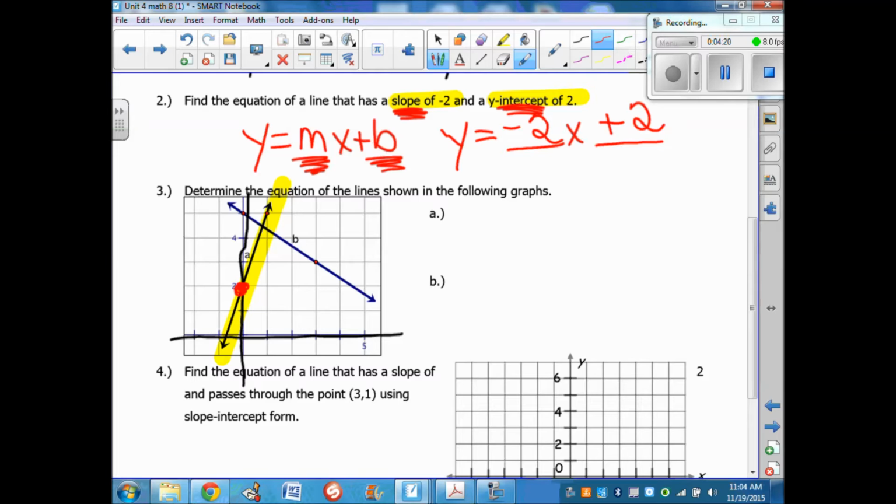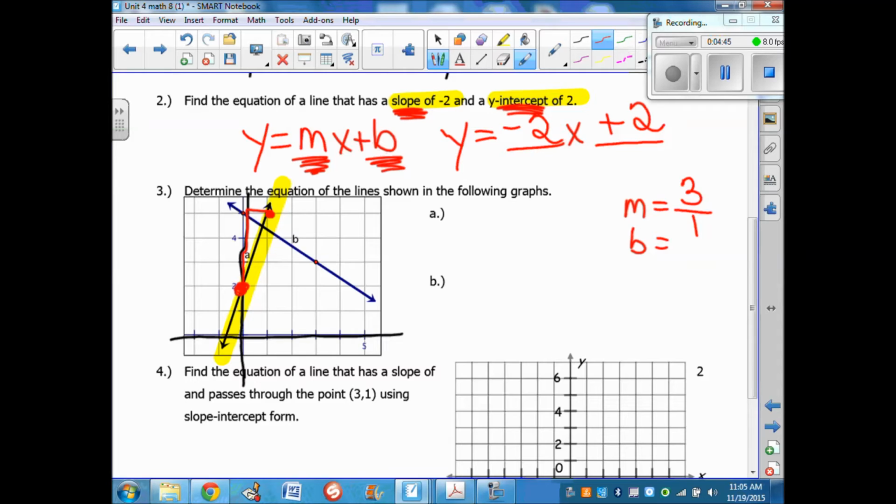We need our slope and we need our y-intercept. So we have the y-intercept. Now let's see what we can do about our slope. If we go from our y-intercept to another point on the line, we would go up 1, 2, 3, and right 1. So my slope is rise up 3 and run 1.